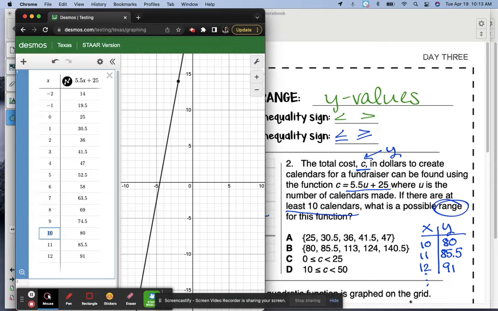So the only answer choice that really matches this data is B. Again, the reason it can't be C and D is those include all of the values in between. I don't want the in-between values. I only want whole numbers.